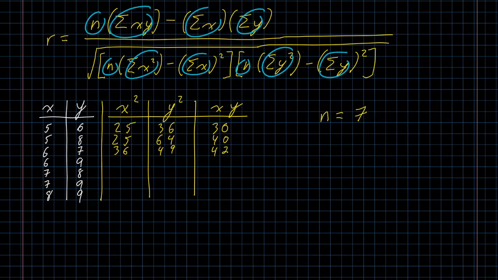This particular data set has numbers that we can work with pretty easily. In a situation with uglier numbers, you would just be grabbing your calculator out and doing a bunch of computations, or you'd be going to spreadsheet software and telling it to do the work for you.